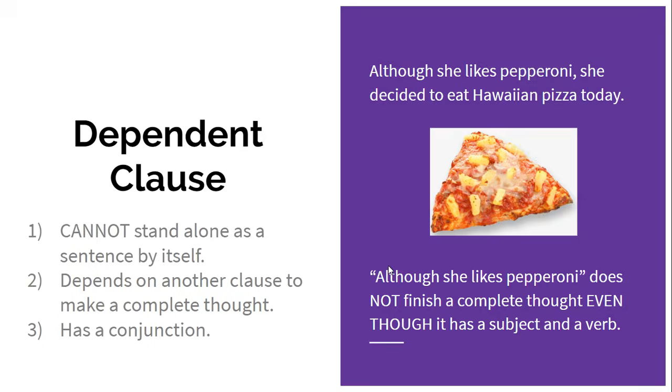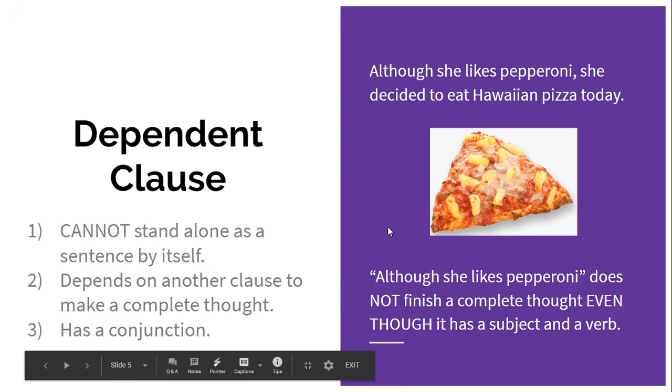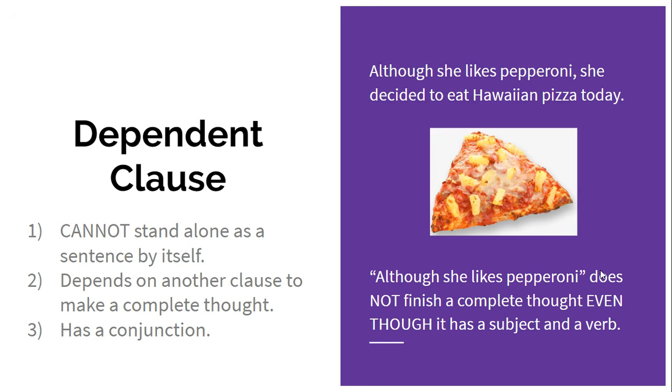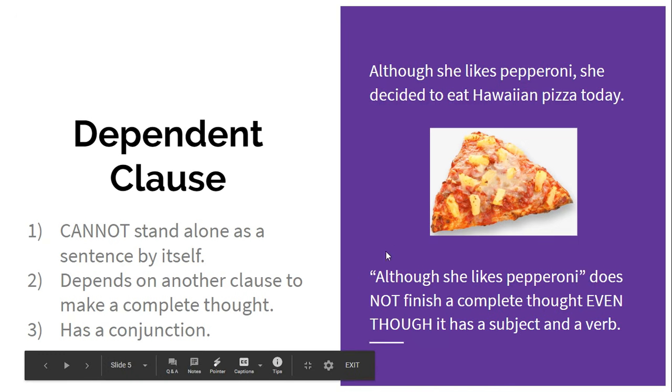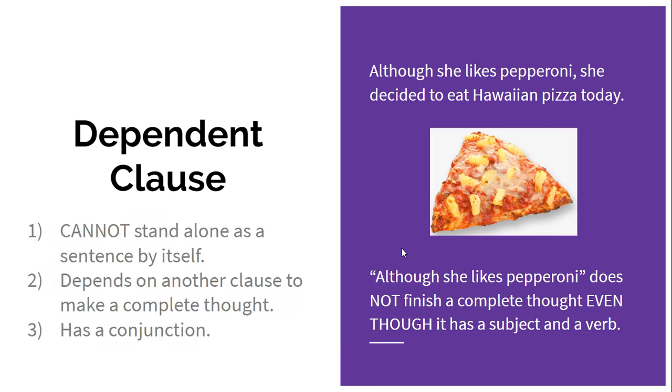If I just said, although she likes pepperoni, and finish the sentence there, you would be waiting for more because the word although tells us that we're going to be comparing something to this first section of the sentence, okay? So a dependent clause is going to have one of these subordinating conjunctions that makes us know that something else is coming, okay?